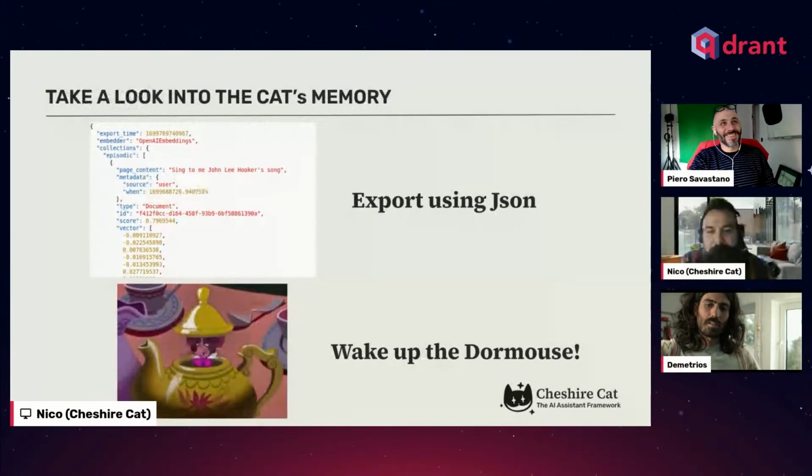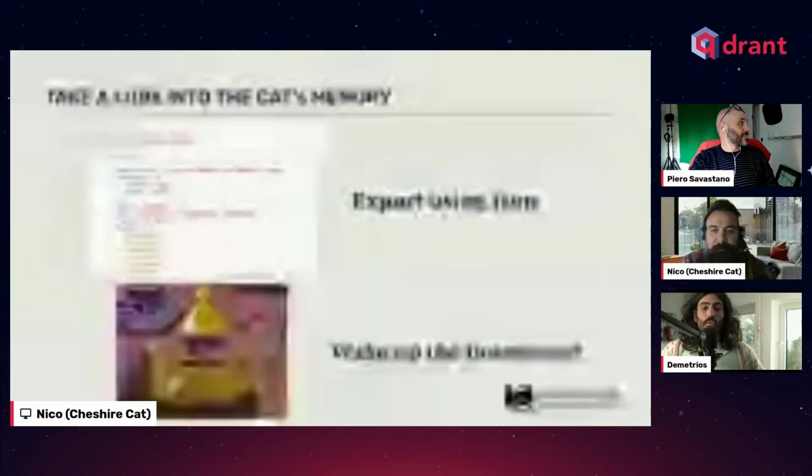All right, excellent. That is perfect timing. And I know there have been a few questions coming through in the chat. One from me, I think you already answered, Piero: when can we have some pistachio gelato made from good old Cheshire Cat? So the plan is to make the cat order gelato from a service, from an API, which can already be done.